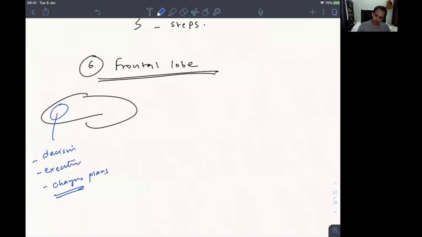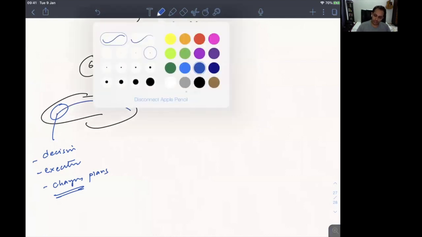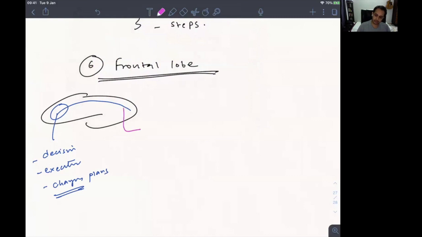So the problem in cortical dysfunction, what all can go wrong, is that you have trouble integrating those actions. So you have trouble integrating all the sensory stimuli that are coming to you. You have trouble putting them together. You have trouble initiating gait.